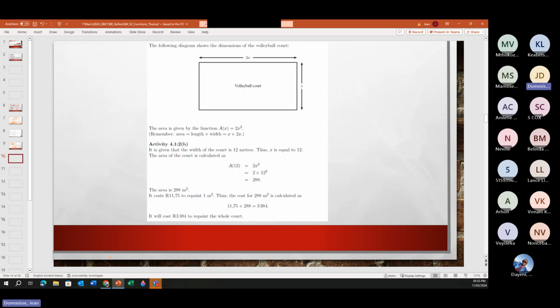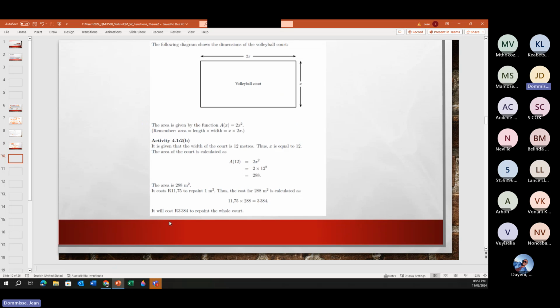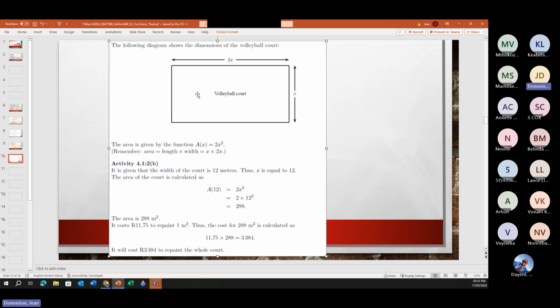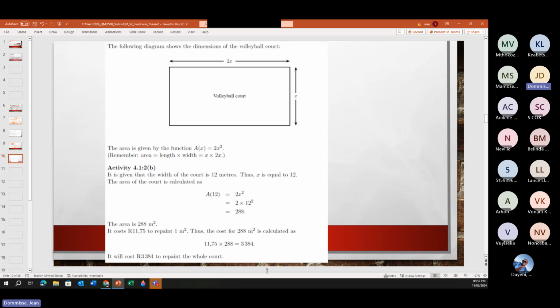Again, I have added it in for you, so you can go and re-look at how it was calculated.